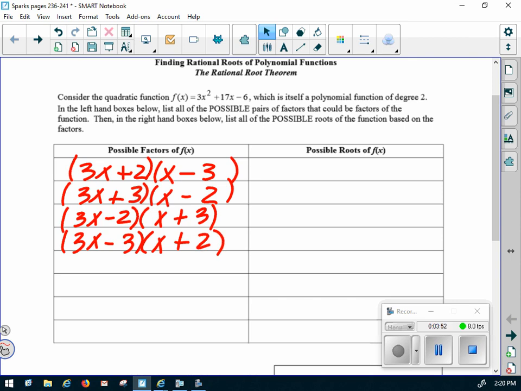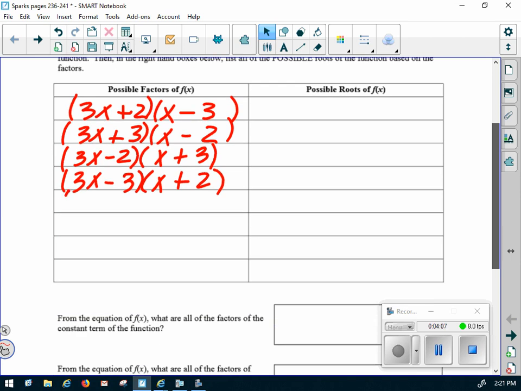And then you say, well, but 6 will also factor into 6 and 1. So I might have all 4 of these setups, but 6 and 1 instead of 2 and 3. So it might be 3x plus and x minus, and it might be 6 and 1, but it might also be 1 and 6.